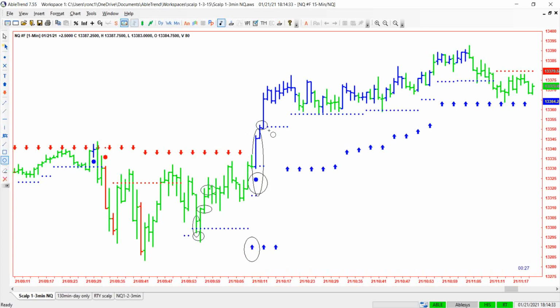But that's strictly optional. Okay? Buy signal right there, hits the blue dot, closes above it. That's a winner, 5 points. Hits the blue dot, closes above it. 2 minutes later, 5 points, winner. Hits the blue dot, closes above it. To the top there, you got 6 points on that. We're just looking for 5. That's another winner. So we had 1, 2, 3, 4 winners in a row.